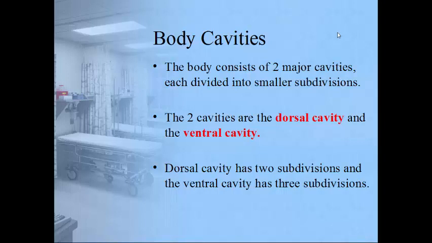Alright, next we'll go into various body cavities that we have. There are two major cavities that the body has, and each of those has further subdivisions, smaller cavities within that. So the two main cavities are the dorsal cavity and the ventral cavity. So remember what dorsal and ventral mean. The dorsal cavity has two smaller subdivisions, and the ventral cavity has three smaller subdivisions.